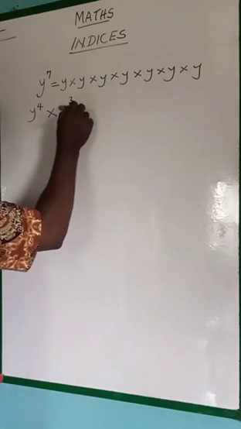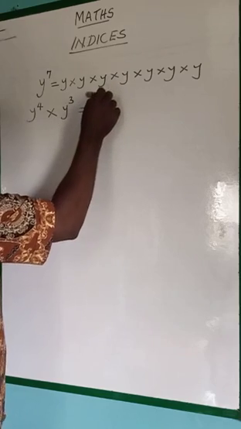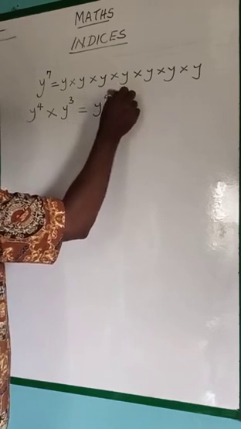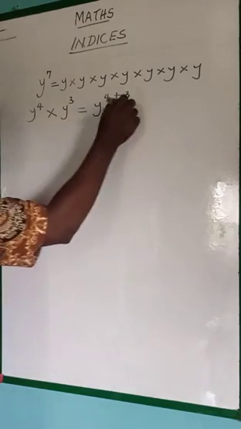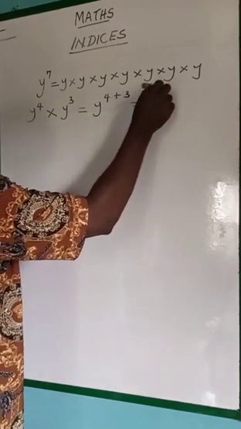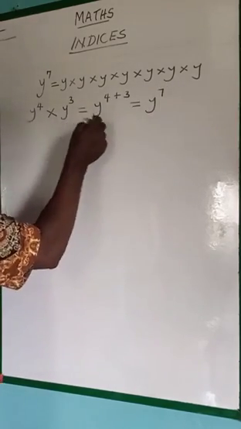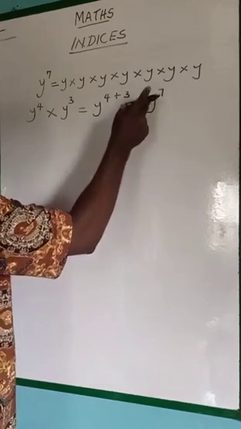We have said that this is the same thing as y raised to power 4 plus 3. And that one is equal to y raised to power 7. How did it come to y raised to power 7?